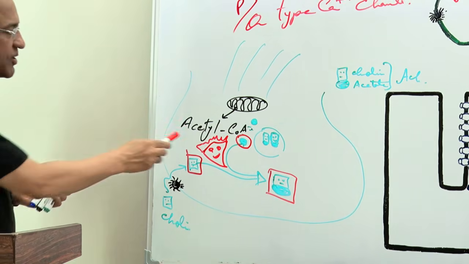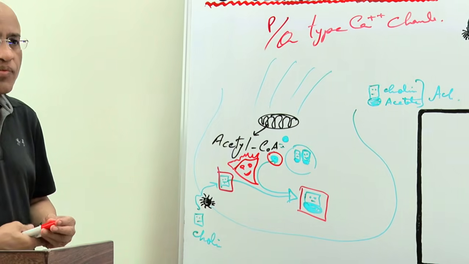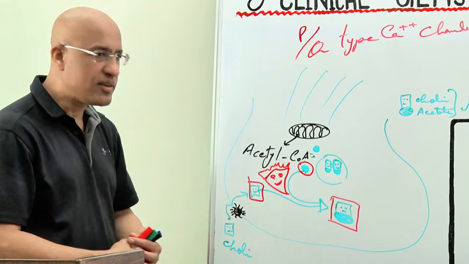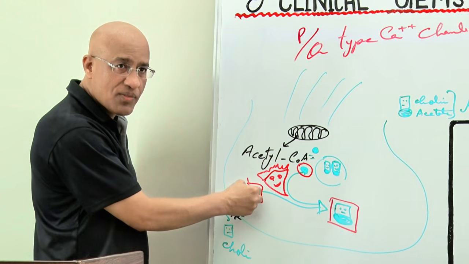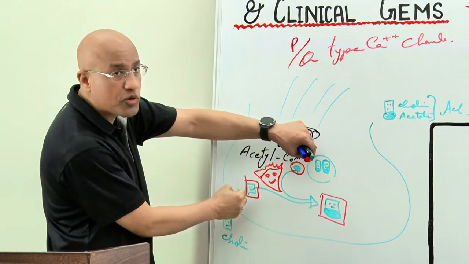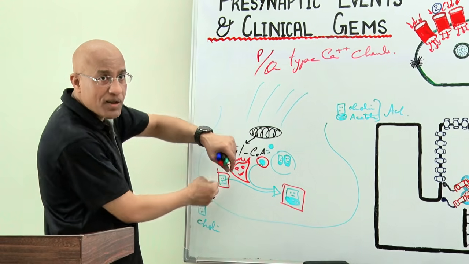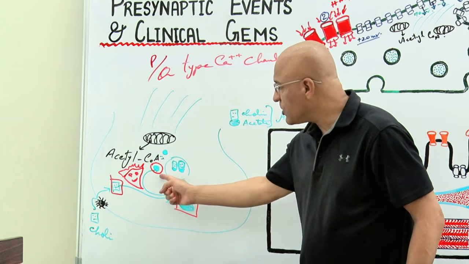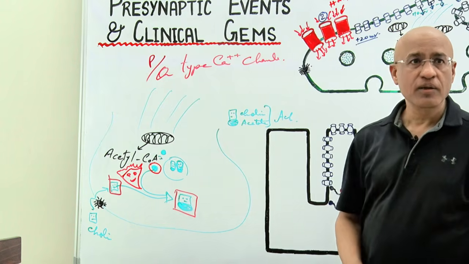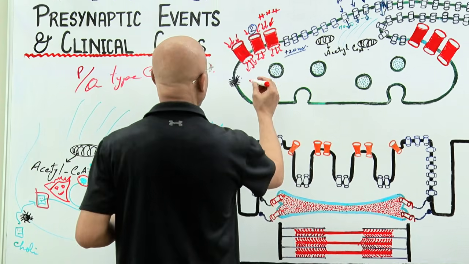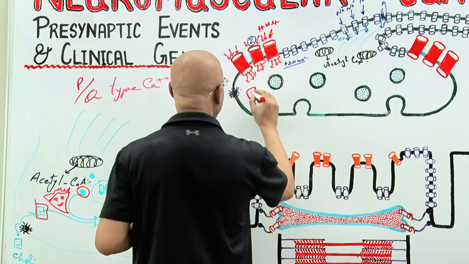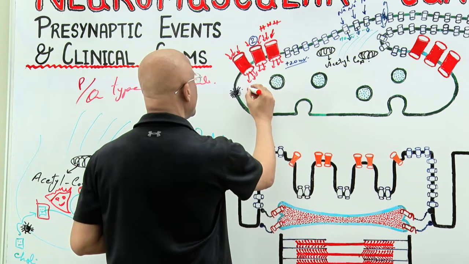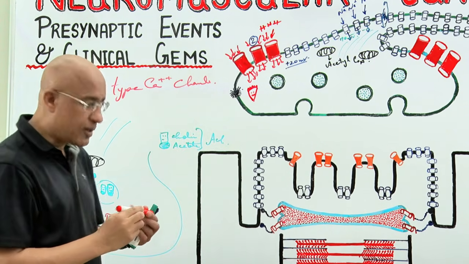So what should be the name of this enzyme? Choline acetyltransferase. This enzyme catches the choline and takes an acetate group and transfers it to choline. So we call it choline acetyltransferase.